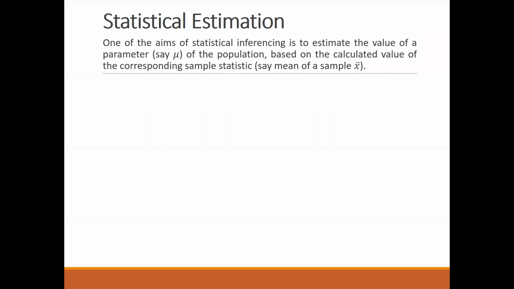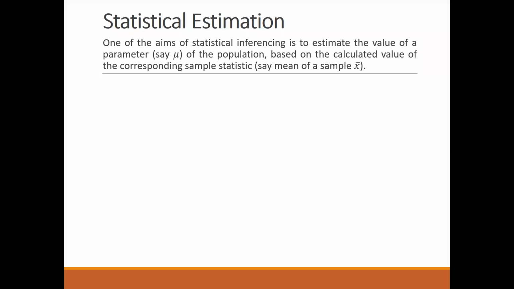Okay, under statistical estimation, one of the aims of statistical estimation or inference is to estimate the value of a parameter, let us say mu. Mu is nothing but the mean of the population, which is based on the calculated value of the corresponding sample statistics.